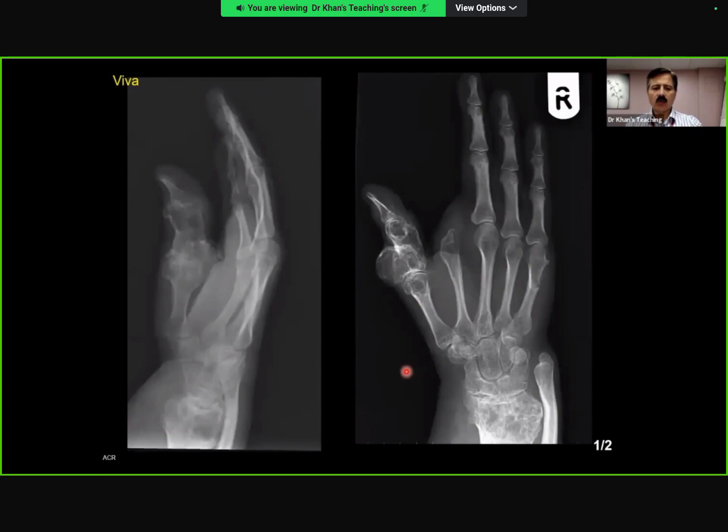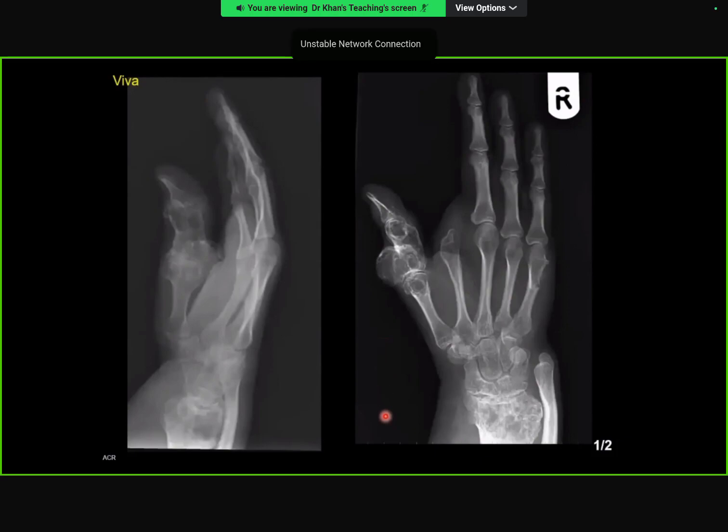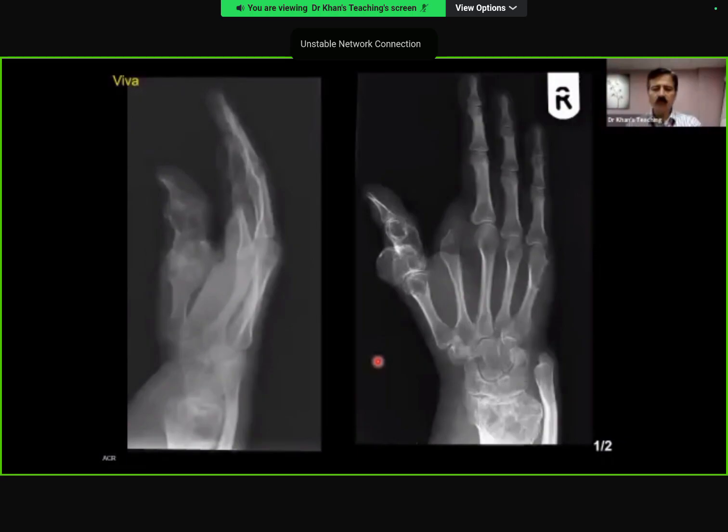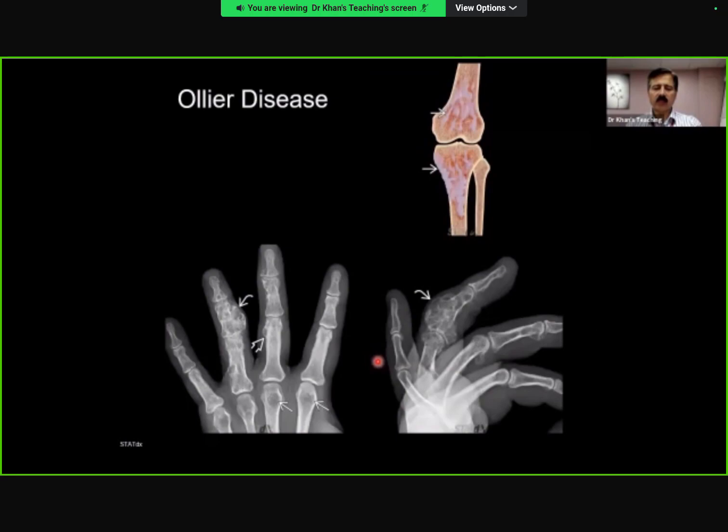Now, spot diagnosis, candidate 2, can you just name this disease? Aunt Minnie case. Ollier's disease? Ollier's disease. In Ollier's disease, there are multiple enchondromas, and they can be within the medullary cavity, and they can be of the extuberans type, and there can be other cartilaginous abnormalities also.